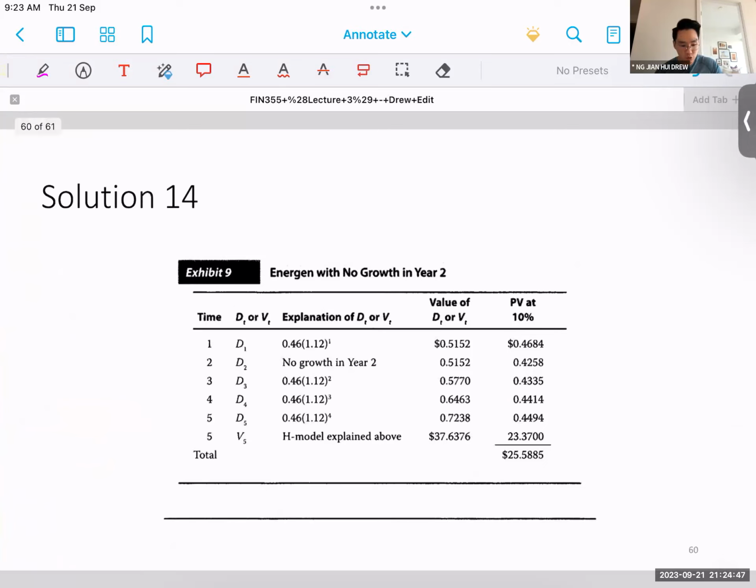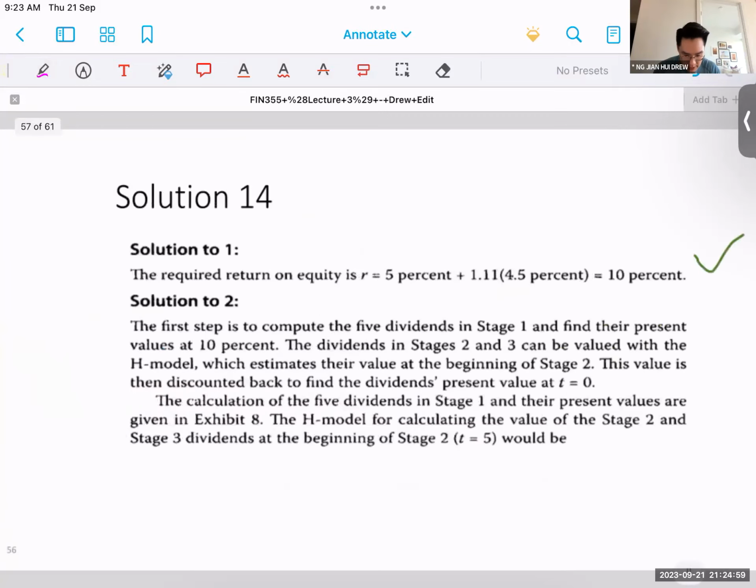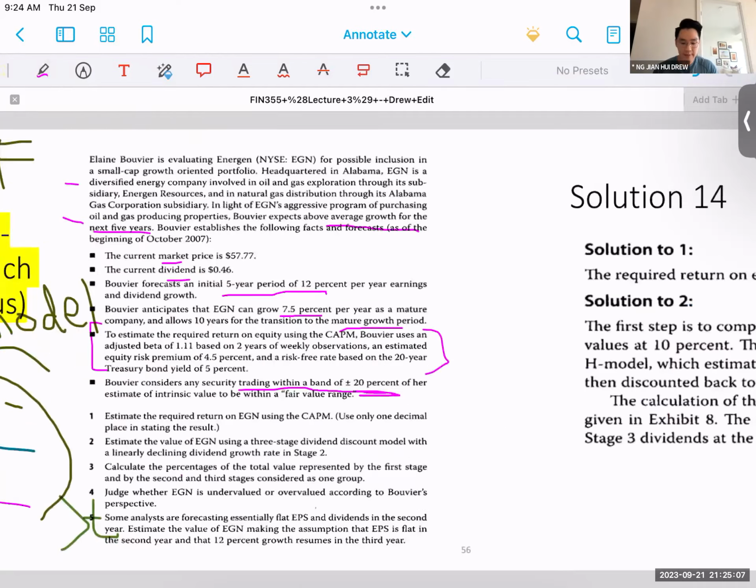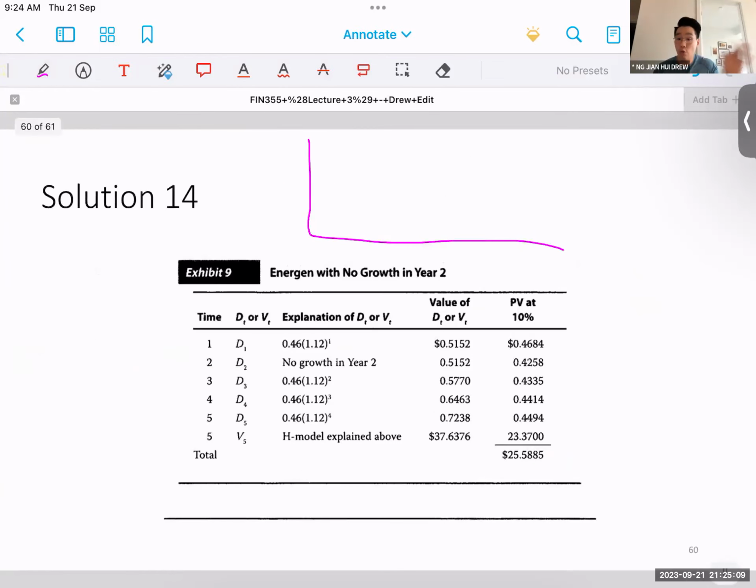Let me draw the diagram here. The analyst is forecasting that the second year is going to be flat. Flat means there is no growth. For year 1, it's growing at 12%.